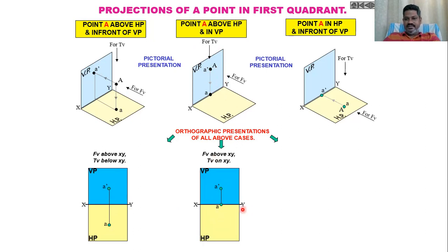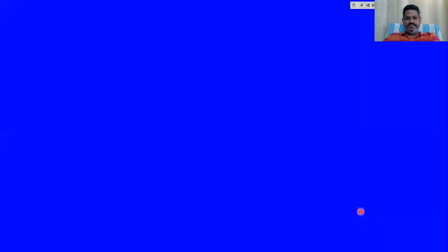Then when the point lies on HP and in front of VP, the top view lies below the XY line and the front view lies on the XY line. These are the three cases that we come across while drawing the projections of the points.